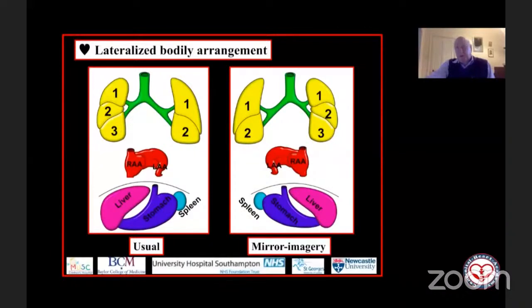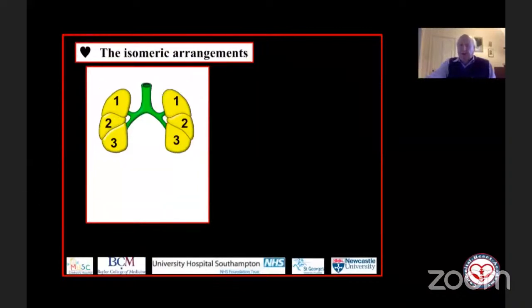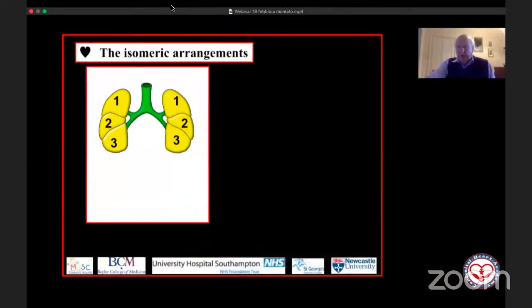So this is what we call the mirror-imaged arrangement. And then, just to reinforce the fact, in so-called heterotaxy, when we look at the thoracic organs, we can find that there is the isomeric arrangement.